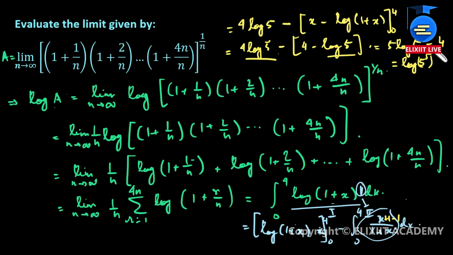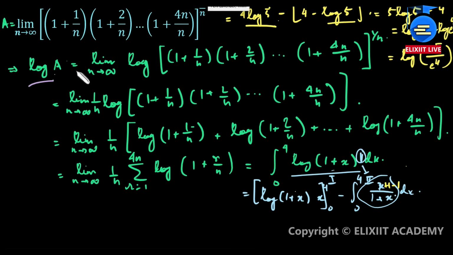And maybe they can change this 4 to log, we can make this log e to the power 4. So this turns out to be log of 5 to the power 5 upon e to the power 4. This way also we can simplify. So various types of simplifications may be needed depending upon the options you have.